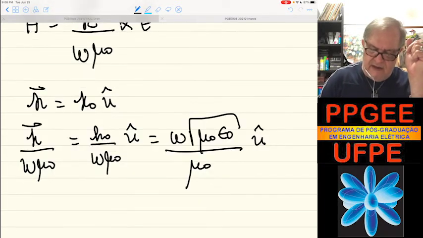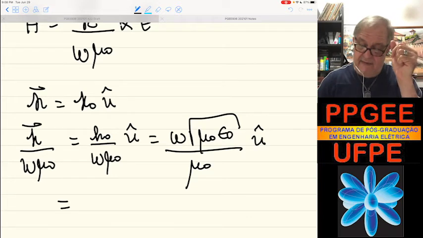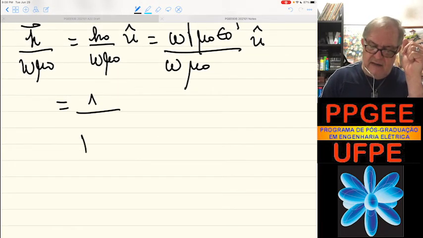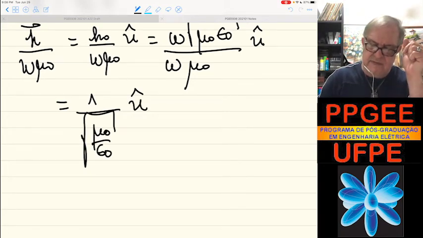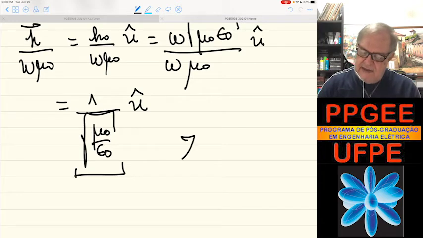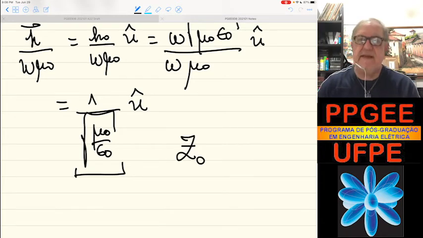So this is going to be omega divided by omega here. It's going to be 1 divided by the square root of mu 0 epsilon 0 times u. This has a dimension of impedance, right? We call this the wave impedance of vacuum.